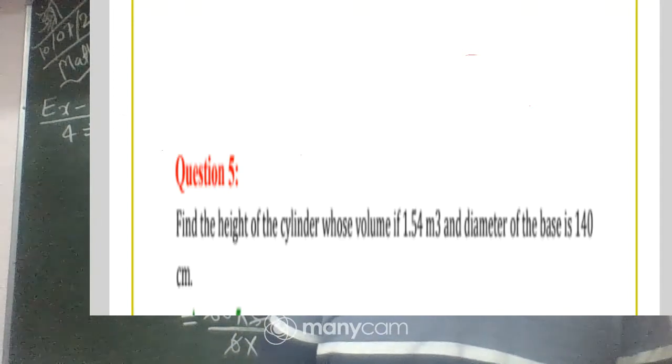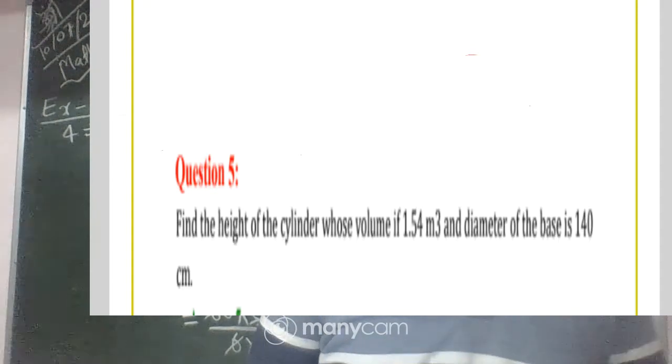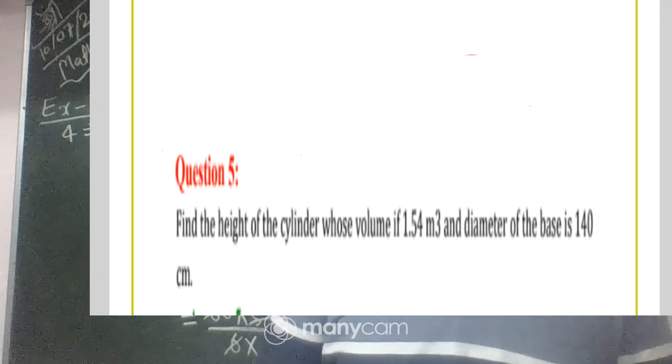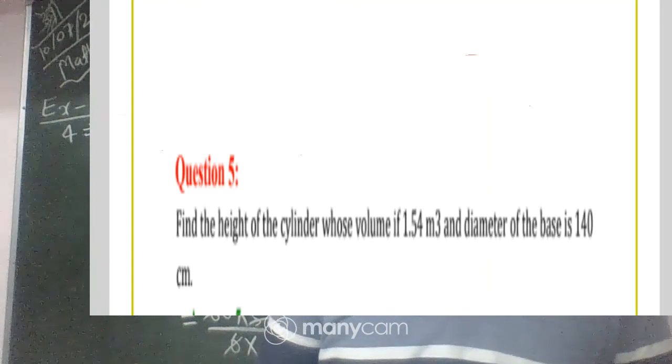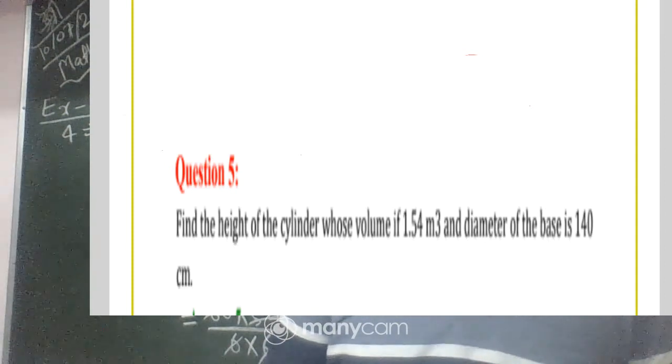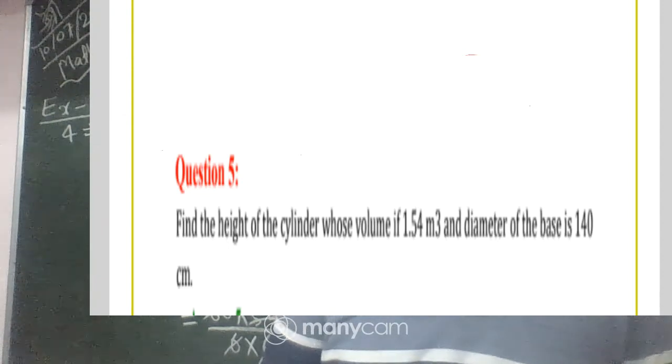Okay. So students, I hope all of you are familiar with cylinder, and here the volume of cylinder is given 1.54 meter cube. The formula to find volume of cylinder is pi r square h. Okay, clear?